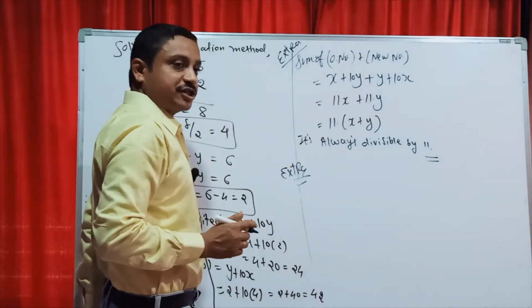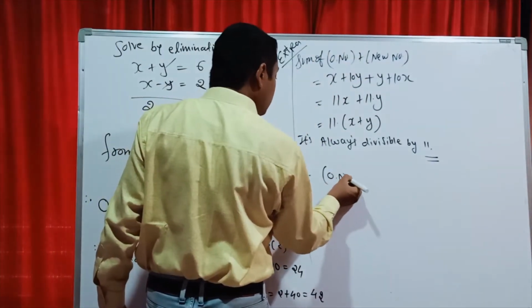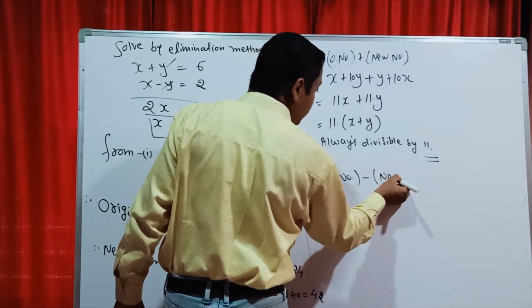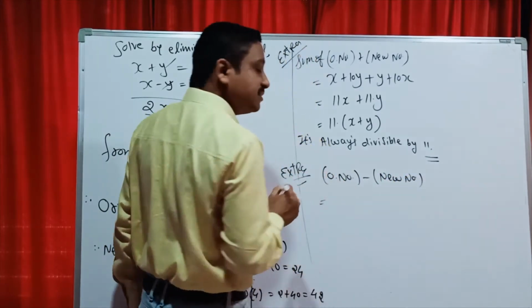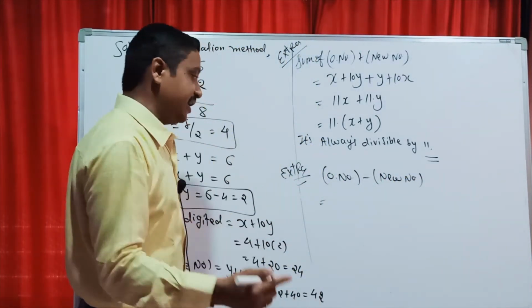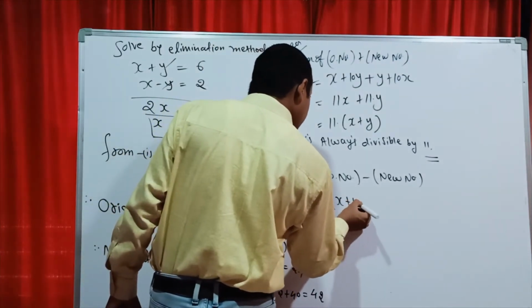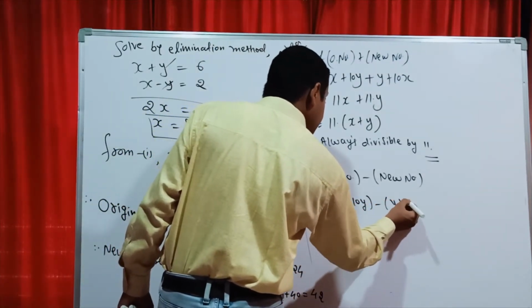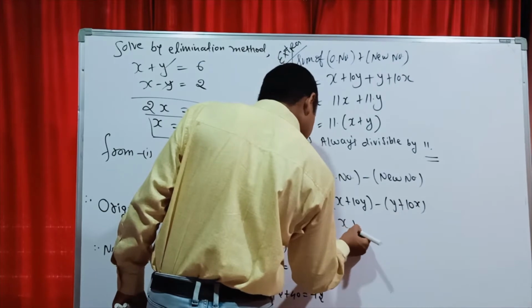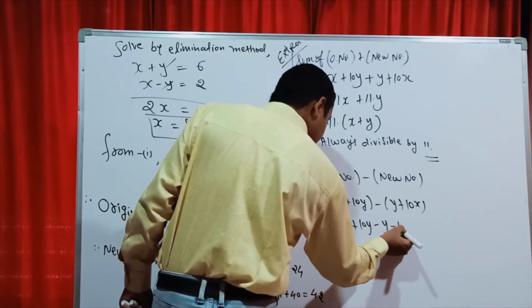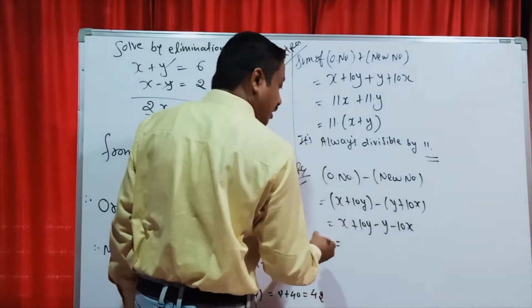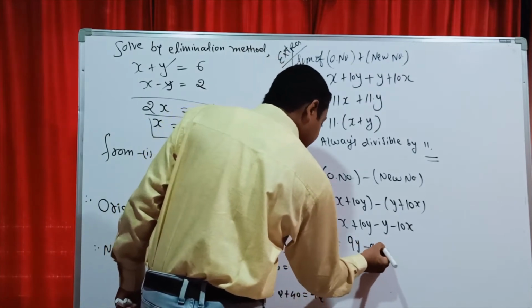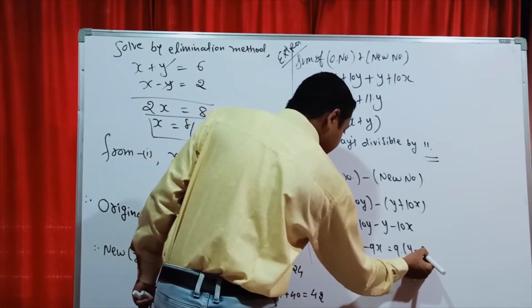For the subtraction, original number minus new number is always divisible by 9. Original number x plus 10y and new number is y plus 10x. Just I calculate, what do we get? 9y minus 9x. 9 common, y minus x.